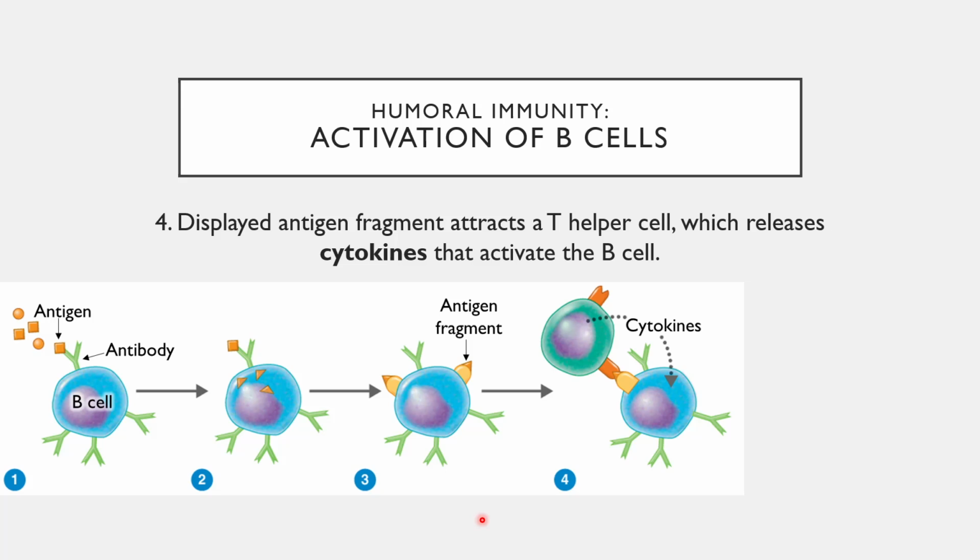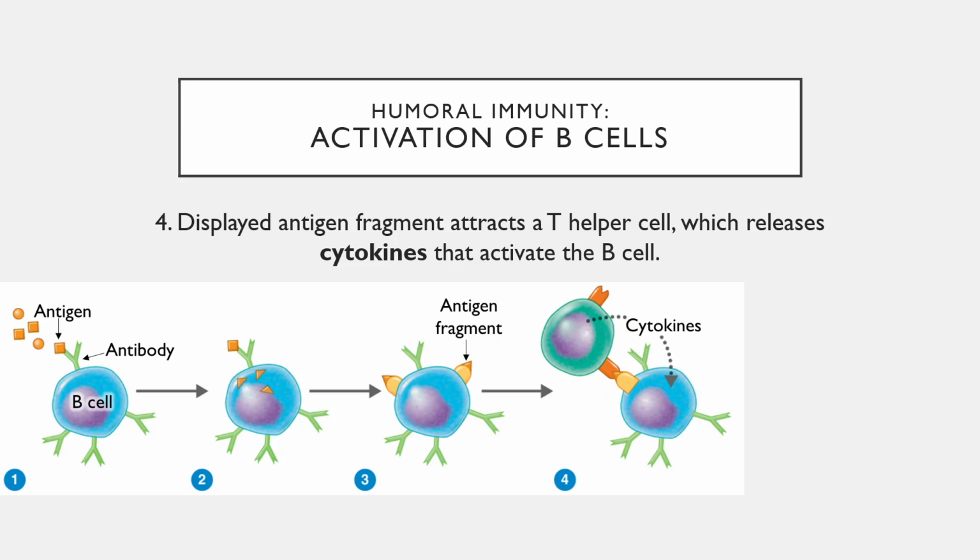The B cell is essentially holding this antigen fragment out and asking for permission to initiate an escalated immune response against that antigen. And so what will happen is a T helper cell, something that we'll talk about in just a few moments when we focus on the cellular immune system, will approach the B cell, recognize and bind to that antigen it has presented, and then it will give it permission by sending a chemical signal in the form of cytokines to escalate the immune response.